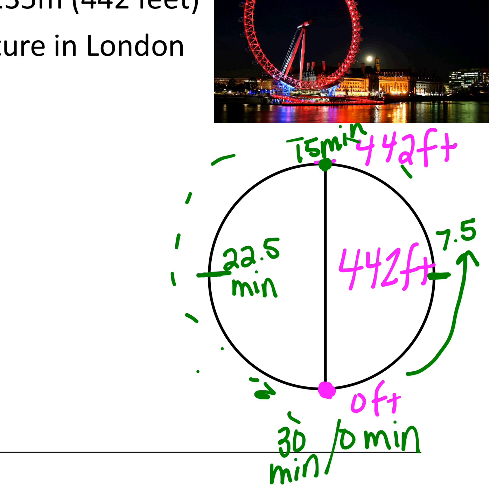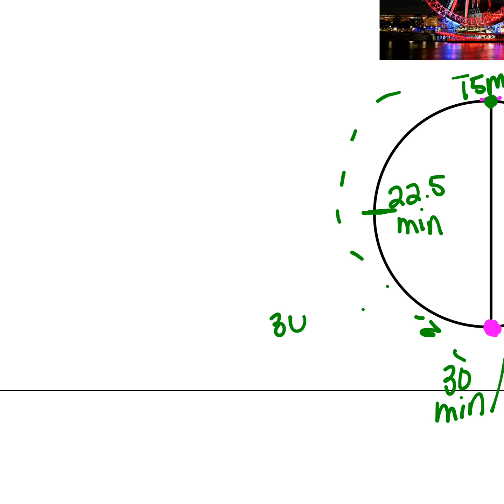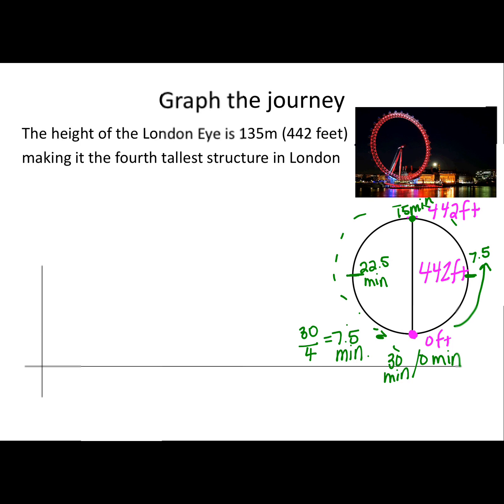And that's where I get my 5 points that I have to graph. 0, 7.5, 15, 22.5, and 30. So guess what? Those are your increments. Because if I did 30 divided by 4, because 30 is your period, you would get 7.5 minutes. So those are your increments.